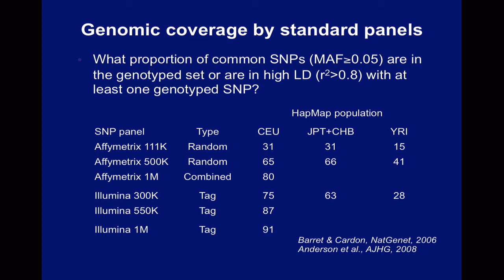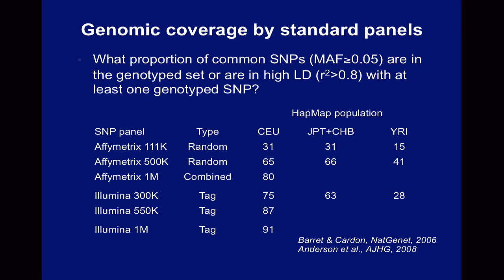Well, note though that these coverage figures are given for different populations, and actually depending on the population the coverage could vary quite a bit. And this is quite visible for the Illumina 300K array, which has 75% of coverage for European populations, but less than 30% of coverage for Yorubans, for African populations.